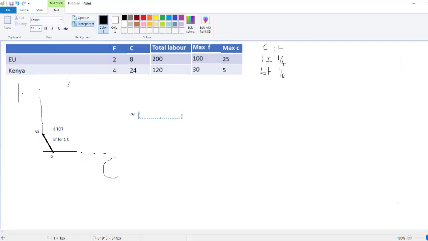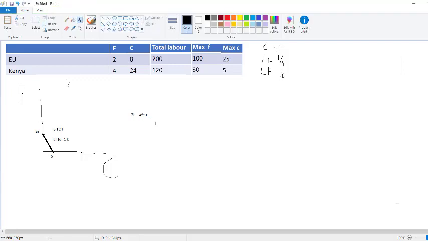So let me assume now the price is 4 food per carbon. What happens now? What has got more expensive? Firstly, remember whenever we're dealing with two products and the one is getting more expensive, then on the other side the other one is getting cheaper.